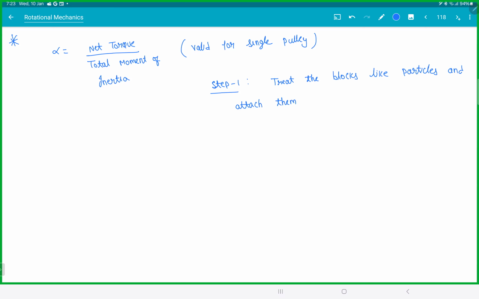And attach them at the point where the string meets the pulley. Step two. Find torque about the hinge and I of the system. Now look at our example here.